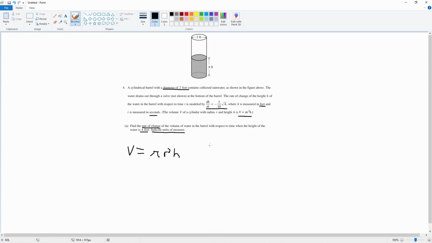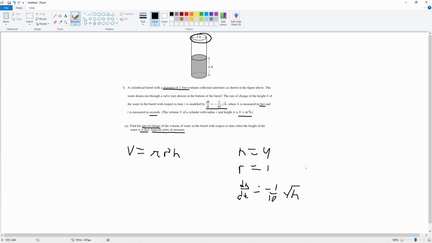When solving these problems, first I like to put out my givens. Our height is 4 feet. Our radius has to be half the diameter, which is 2 feet, so it's 1 foot. And dh/dt is -1/10 square root of h.